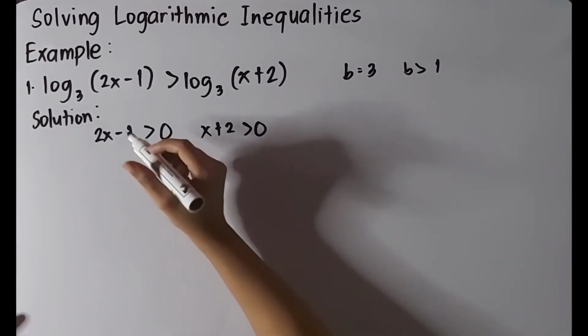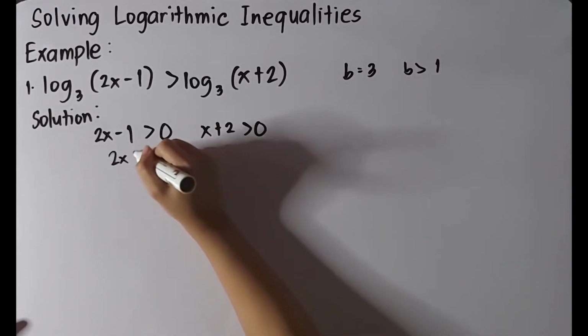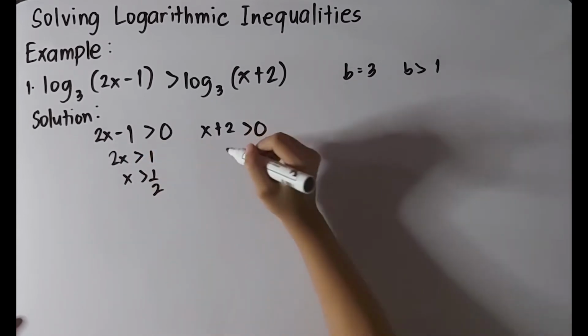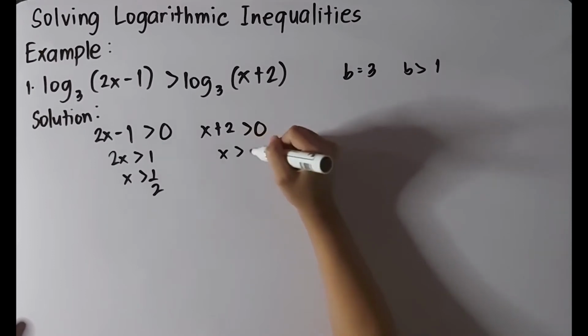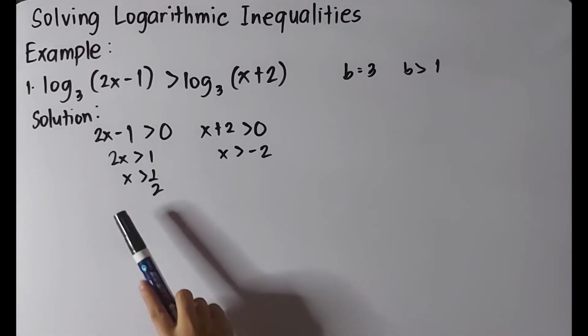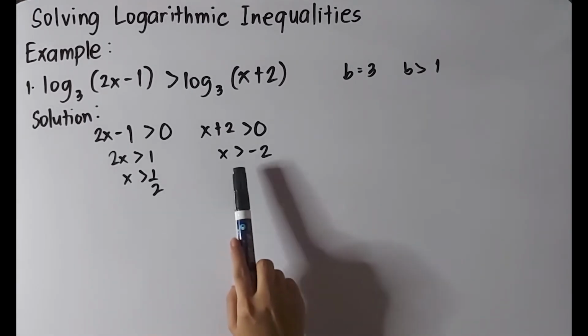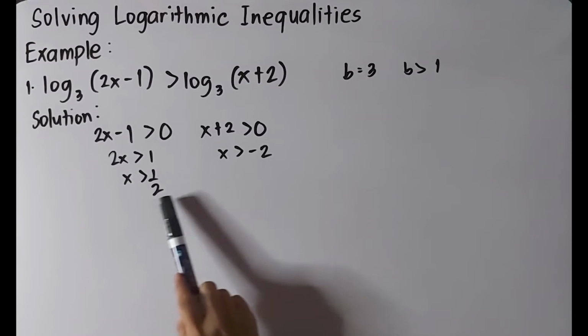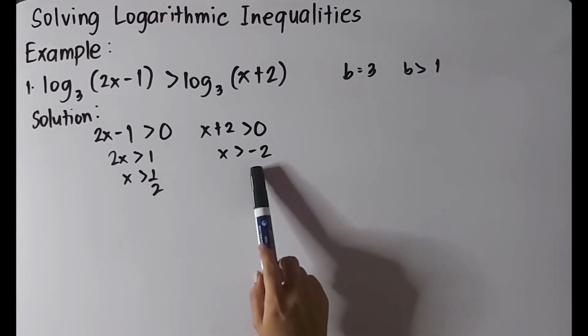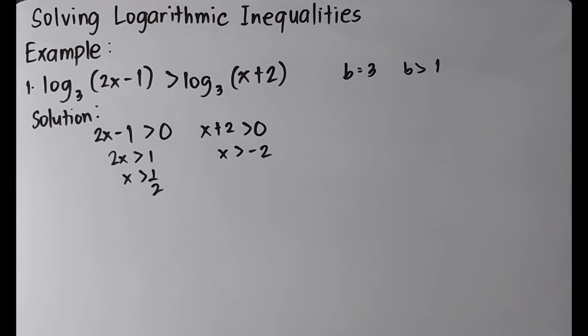So we have 2x greater than 1, so x greater than 1 half, and x greater than negative 2. The value of x must be greater than 1 half and greater than negative 2. Of course, if it's greater than 1 half, then it's greater than negative 2.